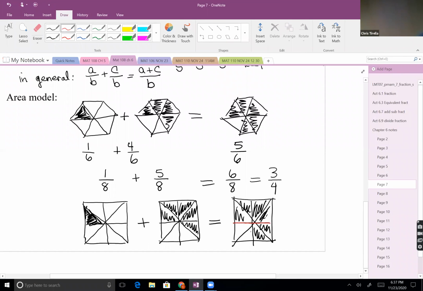And I could take it as looking at 3 of the 4 quarters of my square. And has everybody seen adding fractions in that way? Putting like little pieces of pie in there, so to speak. So far, so good?